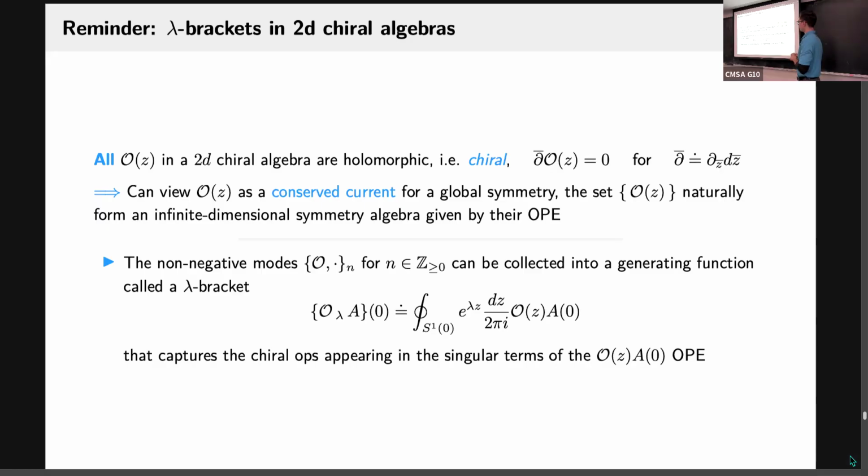It's defined as follows: instead of taking rho to be some non-negative power of Z, I insert e to the lambda Z, where lambda is a formal parameter effectively parameterizing the different O(n) hats that I just showed you for n being zero or a positive integer. This is a nice little device because it's effectively, in a canonical way, capturing the chiral operators that appear in the singular terms of O with A.